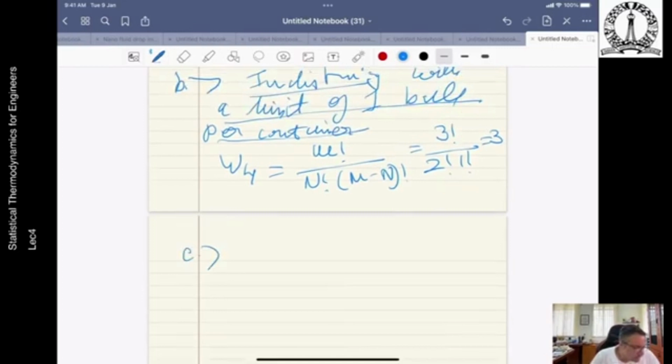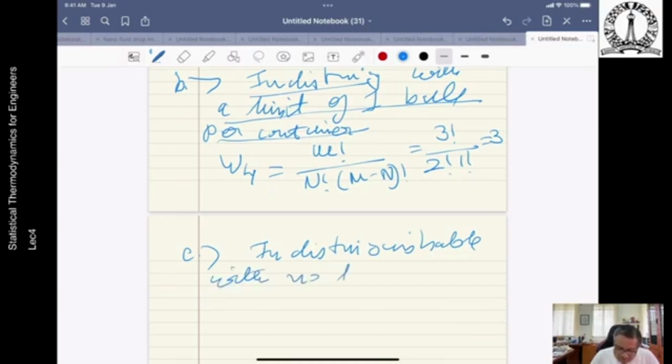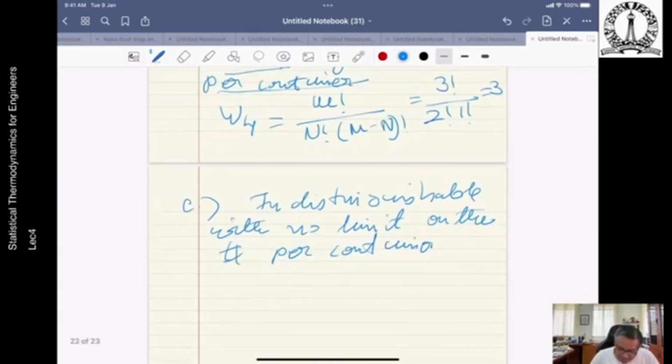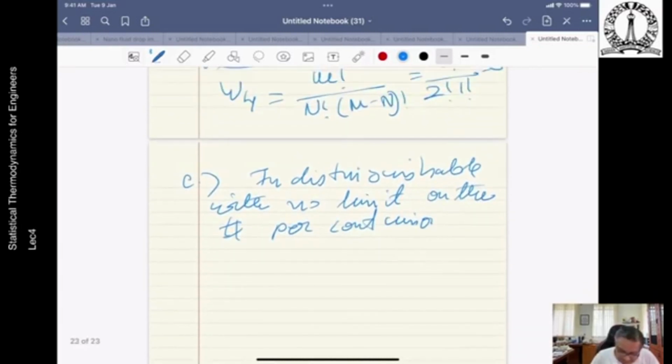And then comes another point, which is C, which is basically the balls are once again indistinguishable, with no limit. This time there is no limit on the number per container. So that becomes your W5 case.